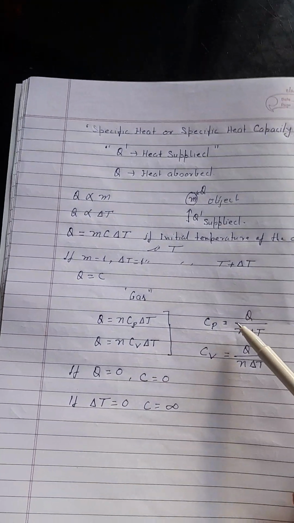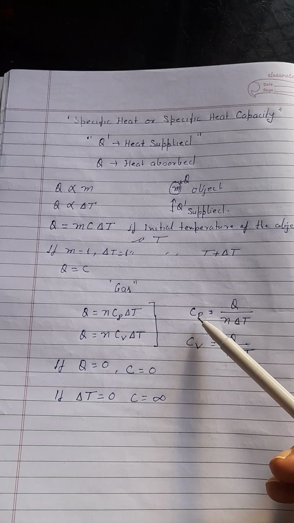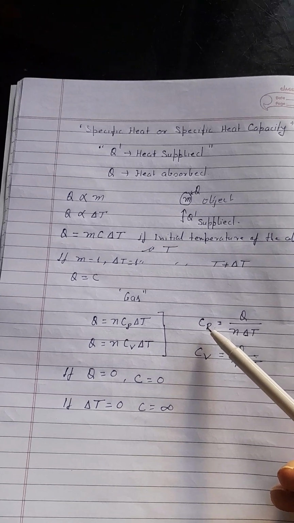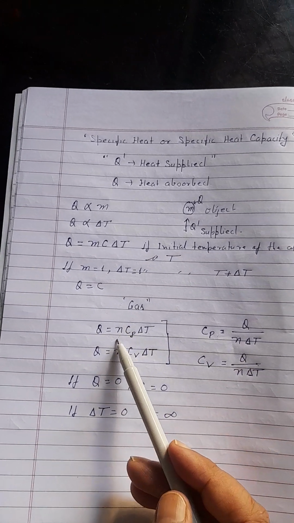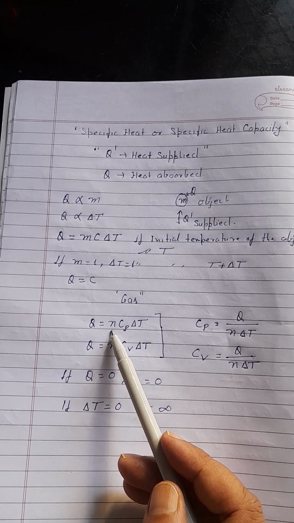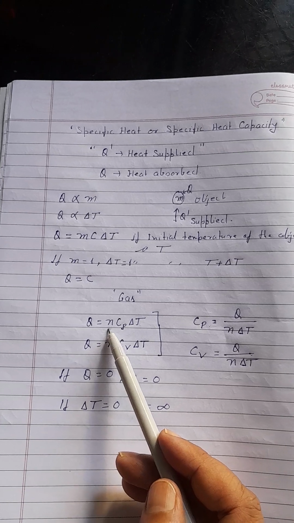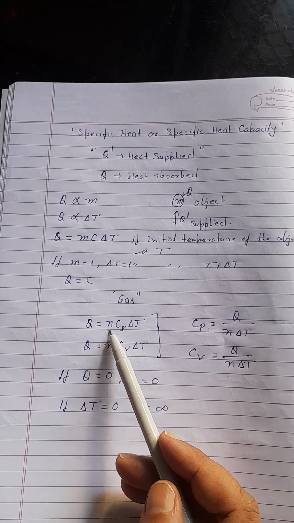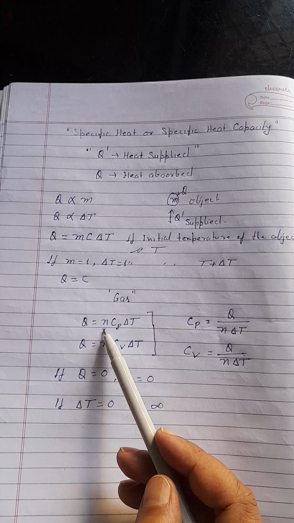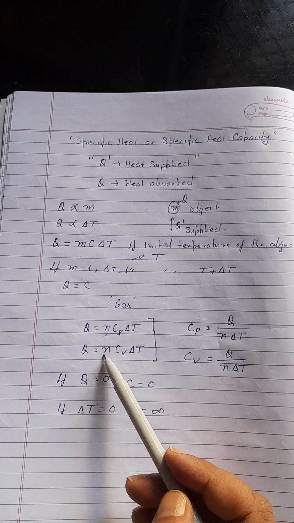Now, again we are coming to this Cp. Since here n we study is in the form of moles, what exactly n is in the gas is the number of moles.